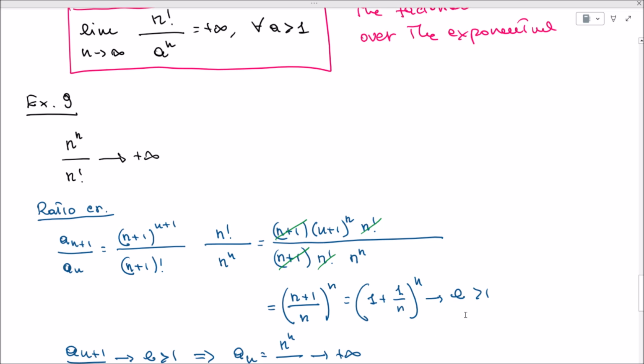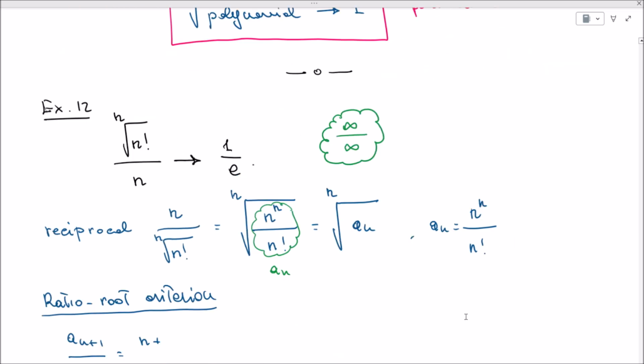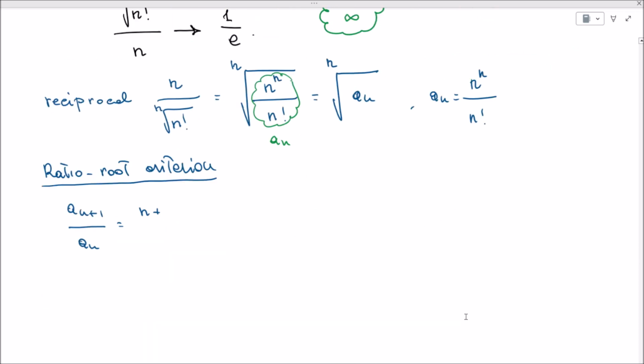So we know that this an plus 1 will tend to e as a limit. We have already evaluated this. Therefore, it is easy now to see that n divided by the nth root of n factorial is going to be just 1 over e, which is just the inverse of the limit that we have just determined. So this is the proof of this other result.